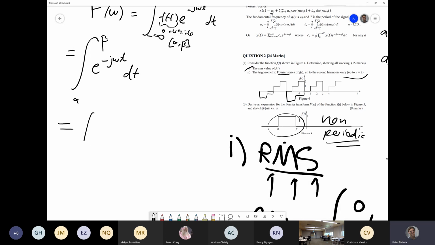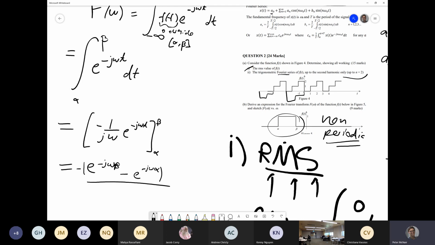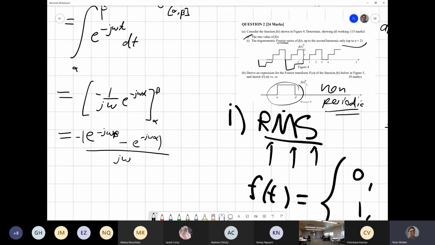So this is going to be minus 1 on j omega e to the minus j omega t from alpha to beta, which is equal to e to the minus j omega alpha minus e to the minus j omega beta, and then we're going to divide that by j omega.